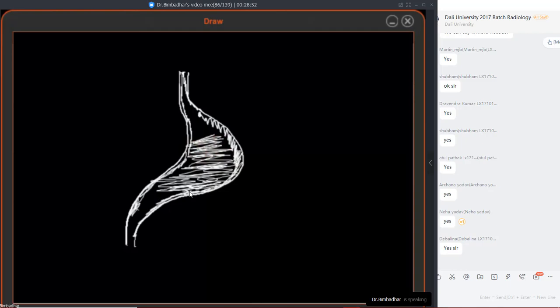But let us imagine a situation. Usually the barium has to completely line all over the mucous membranes. If this is a normal person, everything should be filled up and no mucosal changes should be happening. But let us imagine a situation where the barium is filled all over the place, but not in a single place.